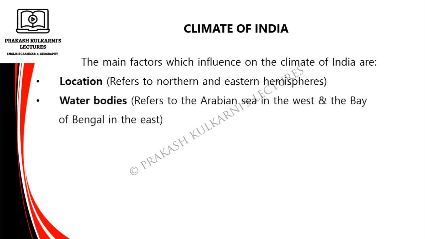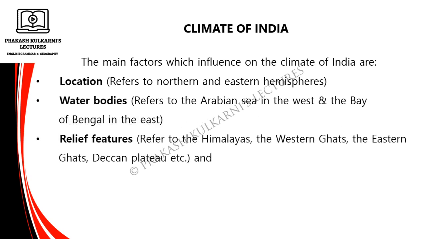Second one is water bodies. Water bodies refers to the Arabian Sea in the west and the Bay of Bengal in the east. They play a very important role in modification of climate. The third one is relief features. In the first lesson you have studied about the physical features of India.